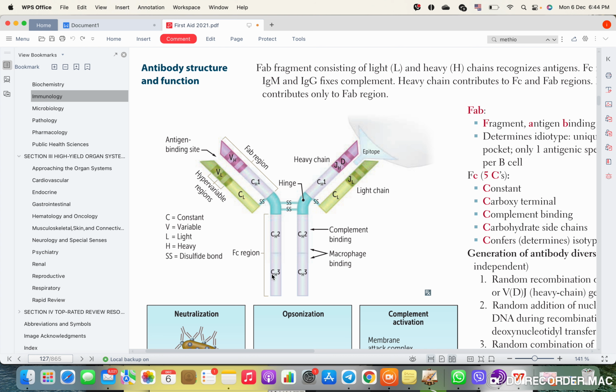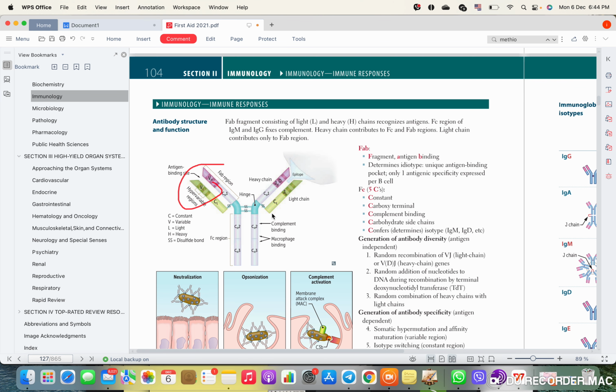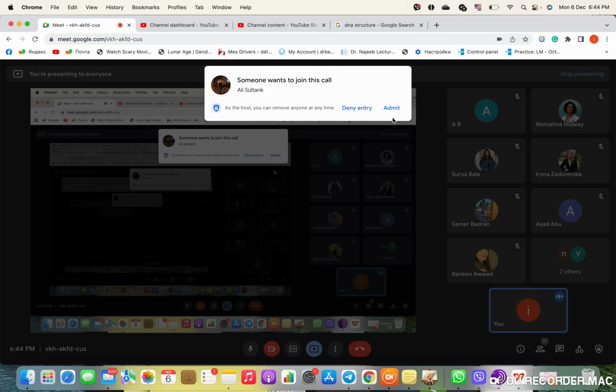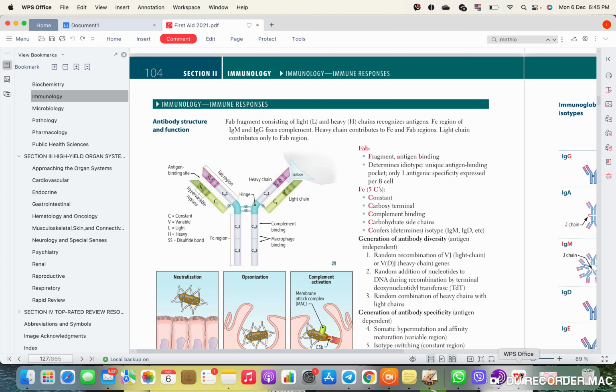A variable region. So where is the variable region? Here it is. So does it mean that the variable region can change its structure? Absolutely, it can. It can change its structure. And we'll speak about how it changes its structure and what the change in structure means.